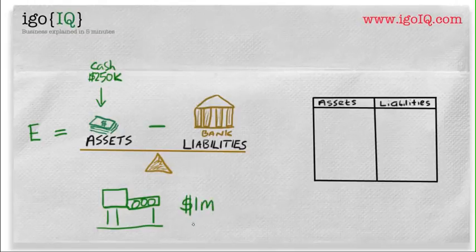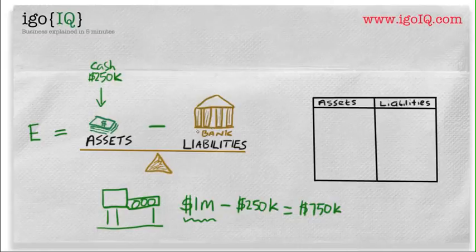So at this stage, to launch our business, we're going to need $1 million. We've already said that we've got 250,000 from the 5 founders. So that leaves us requiring 750,000.